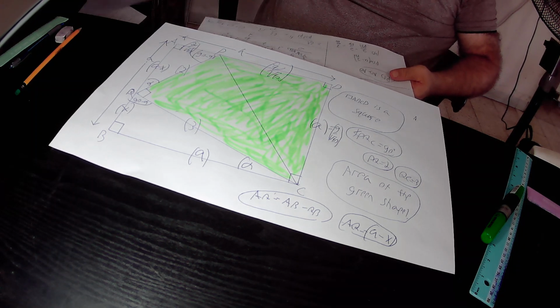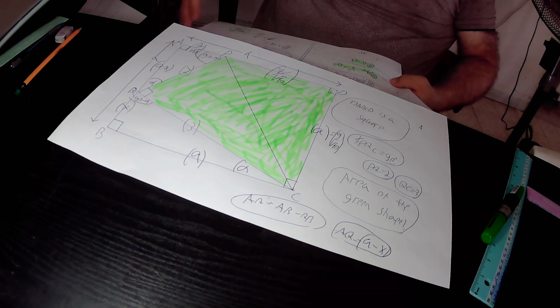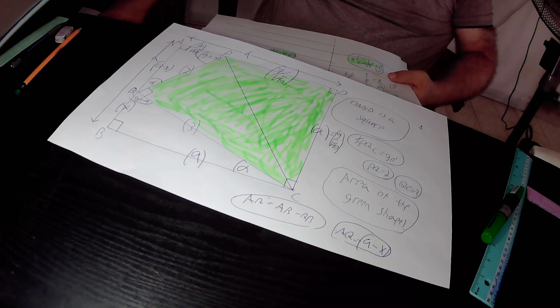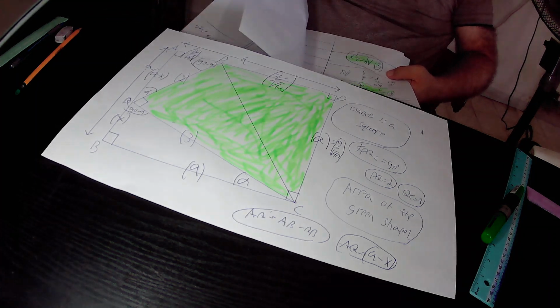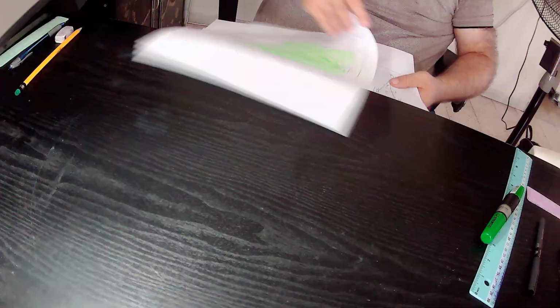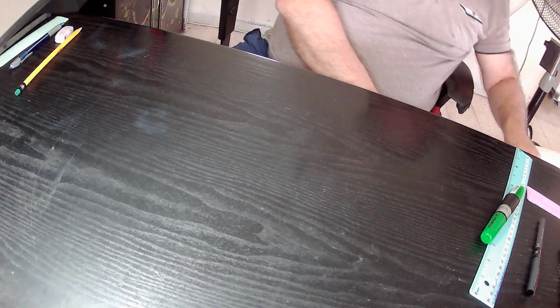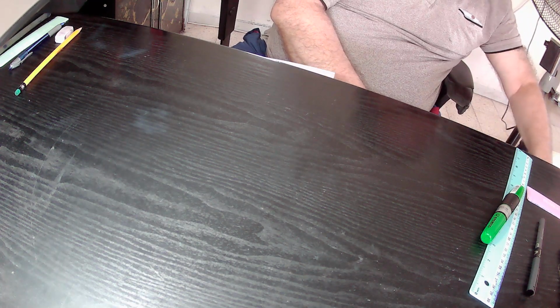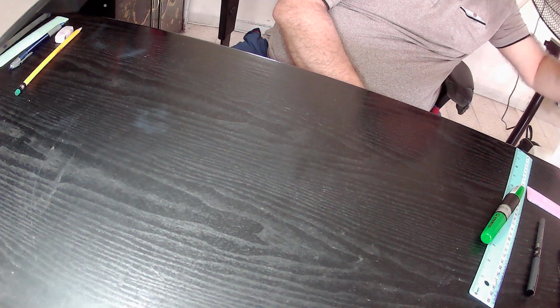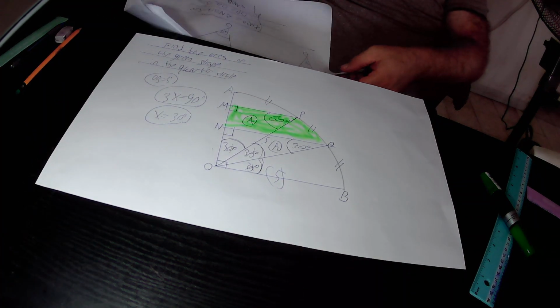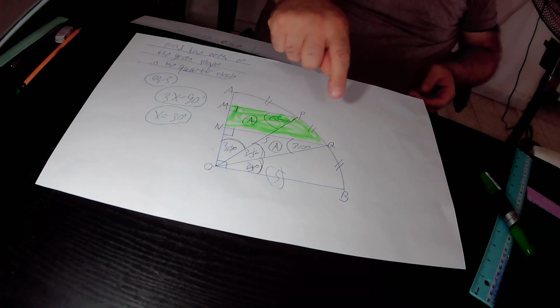In the next step, I presented to you the second question and we solved it. Finally, in the second question, our mission is to find the area of this ring shape.